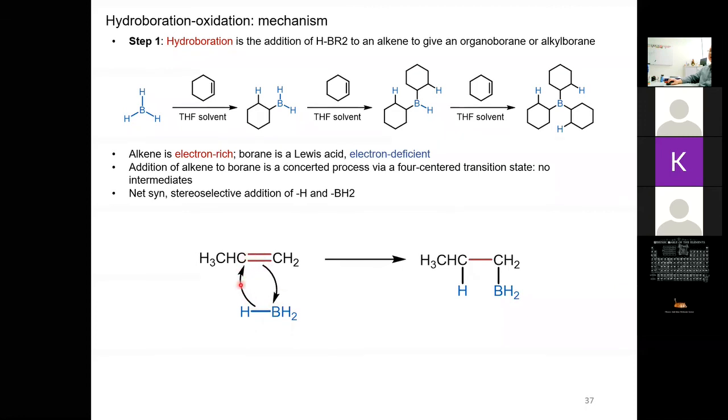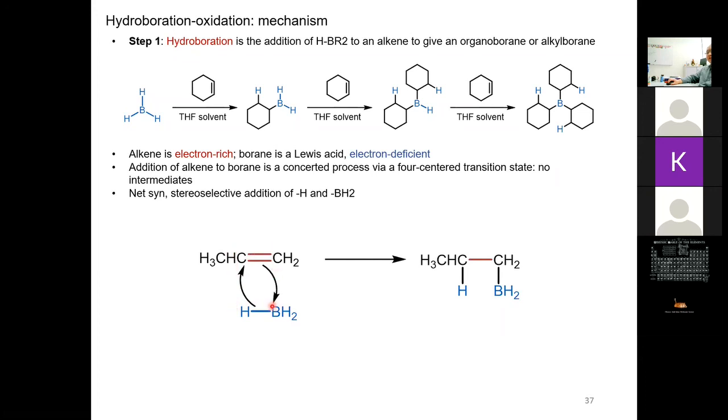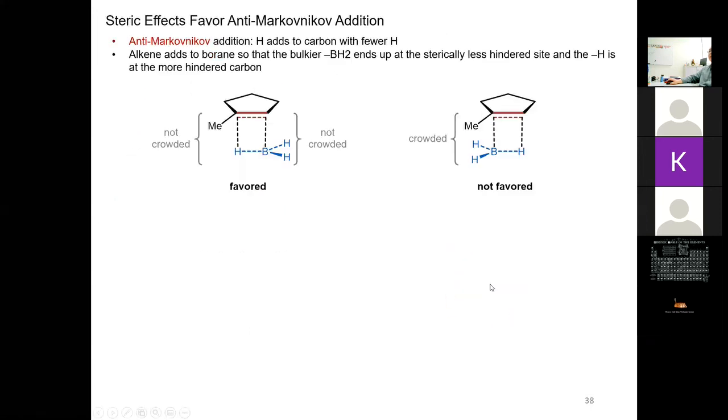So two arrows at one time, a four-membered ring transition state to form these two new bonds. Because this is concerted, as this C-B bond forms, this C-H bond forms on the same side, so the net result is that the B-H addition is a syn addition. It's a stereoselective addition of H and BH2 on the same side of the alkene.